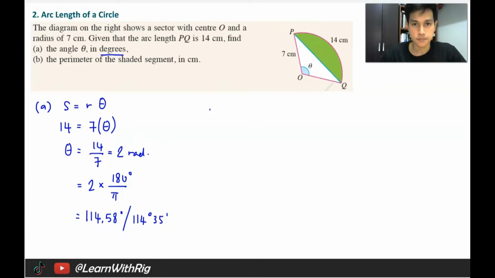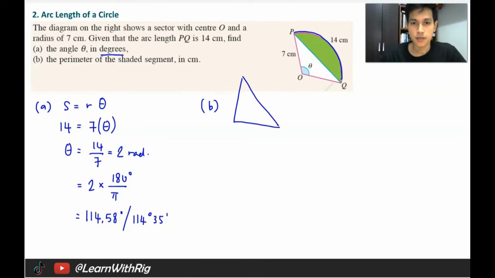Alright, question B, the perimeter of the shaded segment. They want to find the perimeter, not the area. You already know this part, now all you're left with is here. How do you find that? There are many ways, but I find the easiest way is to draw your triangle first.